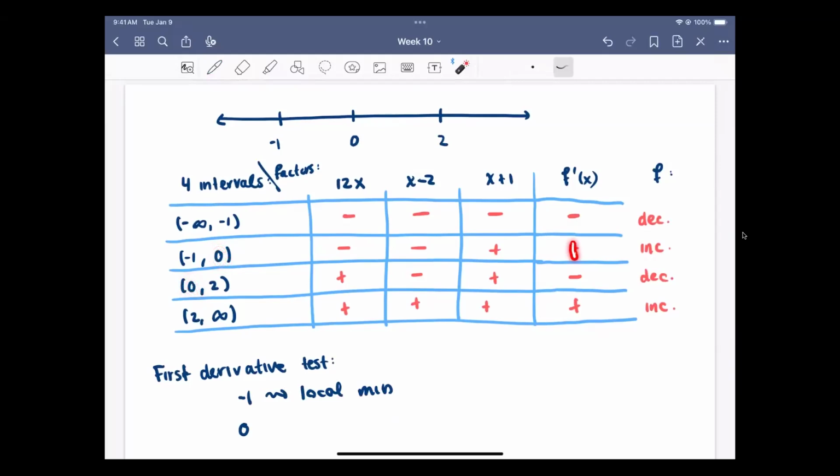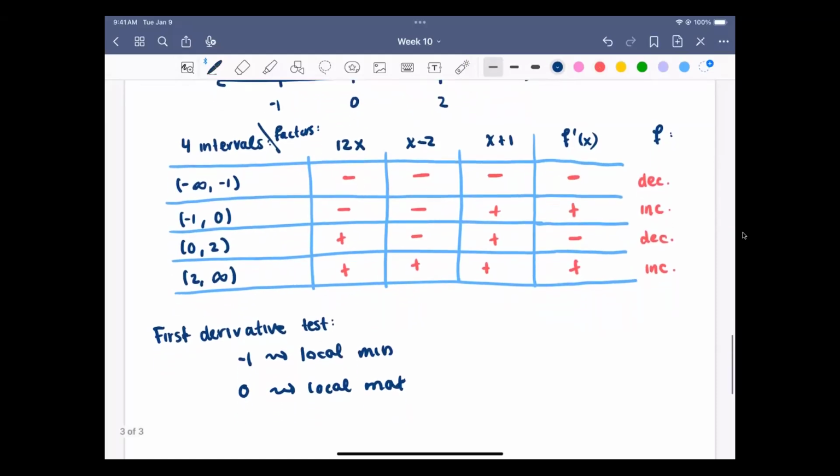We switch from positive to negative there. So what is that? Yeah, we get a local max there. And then at 2, we're again decreasing to increasing, so we get a local min.